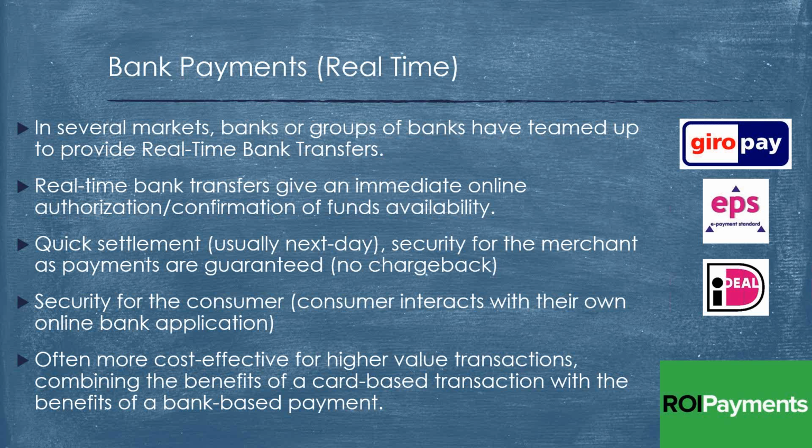Basically, how real-time bank payments work is, at the time of checkout, a consumer is presented with a logo that is identifiable to them. Typically, nation by nation have their own types of real-time bank transfer networks. They then click on that logo.